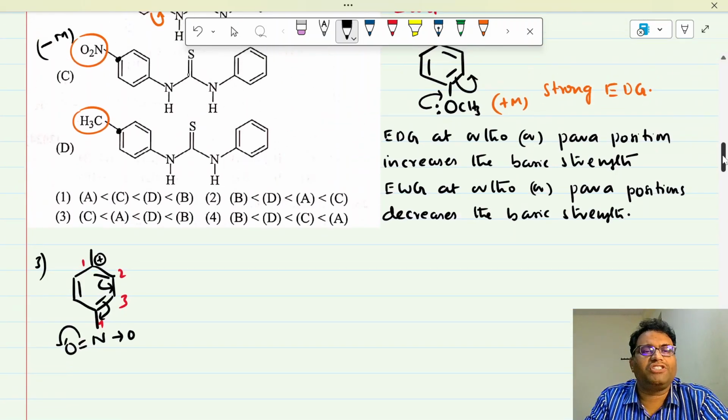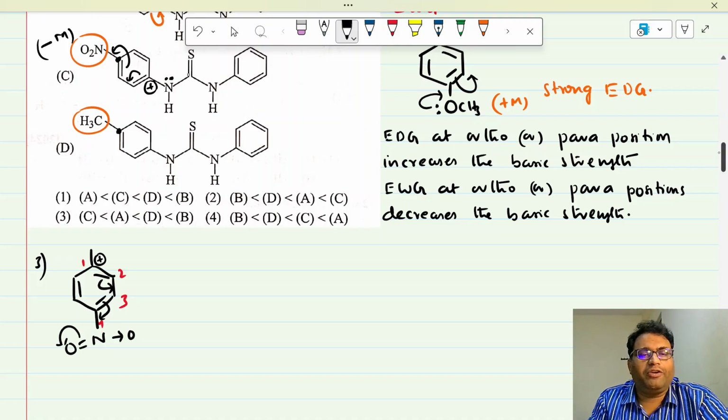Due to the nitro group, there is a positive charge here. If the positive charge is here, automatically the lone pair is pulled by this positive charge. When the positive charge pulls the lone pair, the lone pair density decreases.